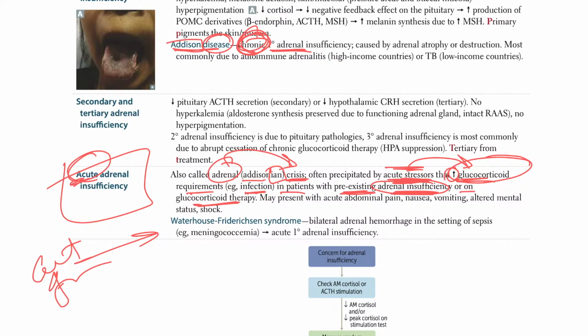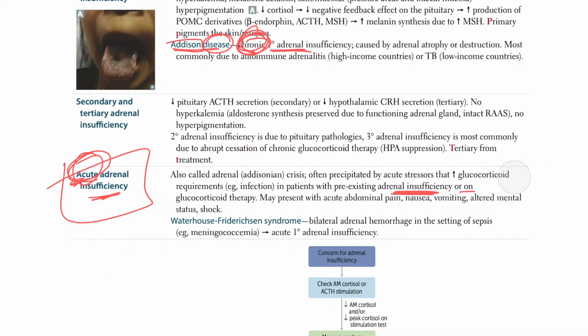Well, they are going to have an adrenal crisis, which is acute failure of the adrenal glands. Well, the question is, why does this happen? It's very high yield and important. We said acute stressor, right? And I said an acute stressor could be surgery.